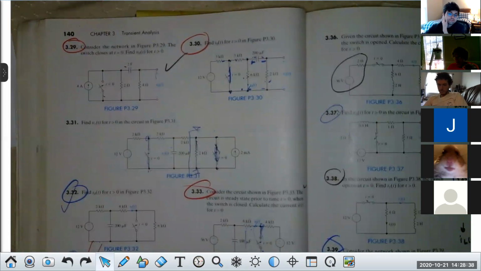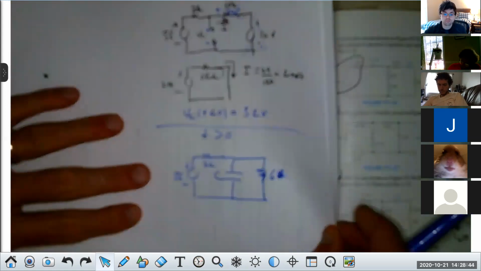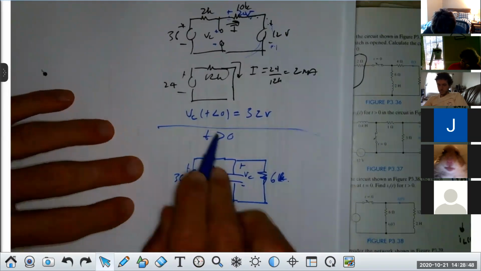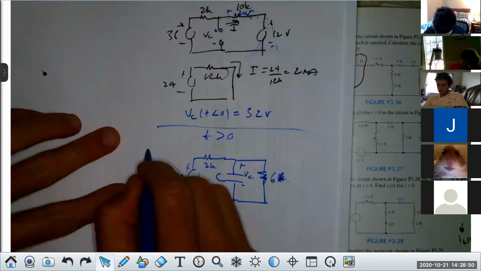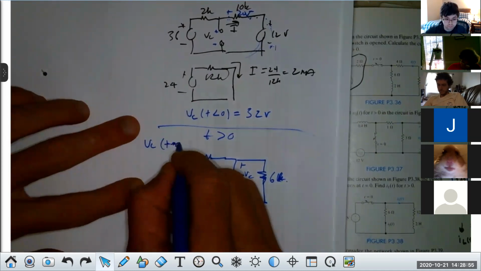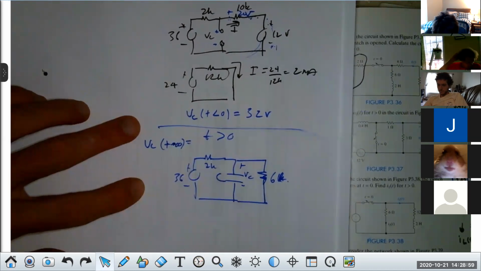Yeah. Now, when I look at this, first I want the voltage across this capacitor as t goes to infinity, right? Well, we got VC for t goes to 0. What would VC be as t goes to infinity by looking at this? What does the capacitor look like, class?